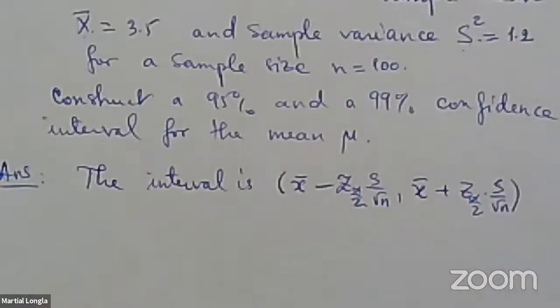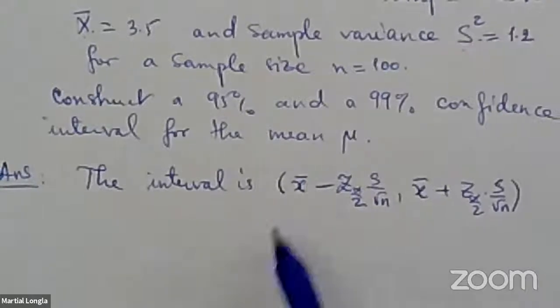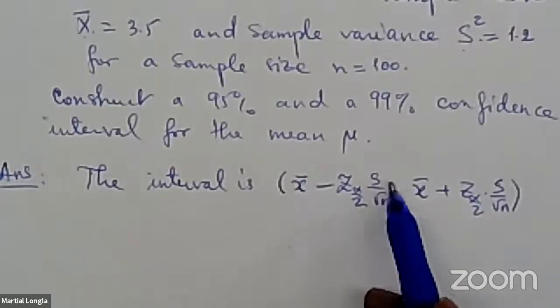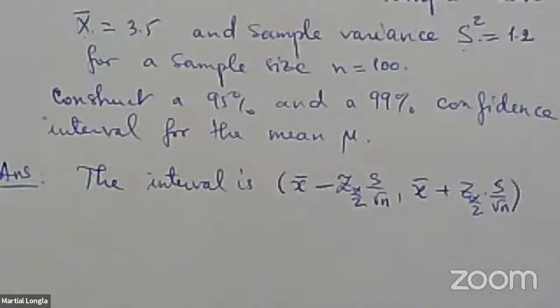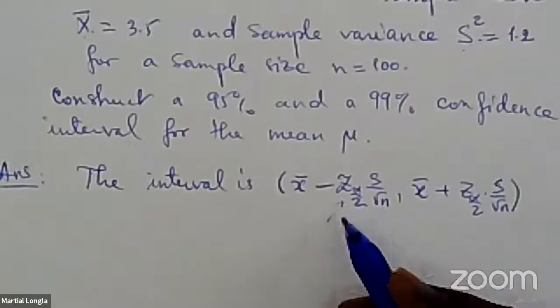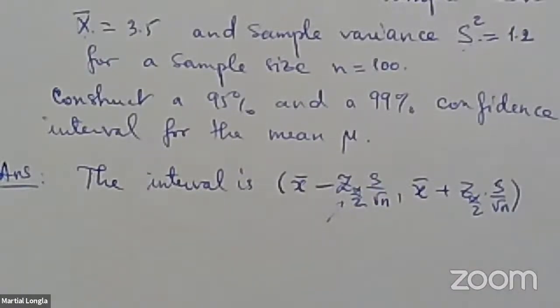This is the formula that you need to use. x bar is given, s is given, n is given. What you need to find is z alpha over 2.